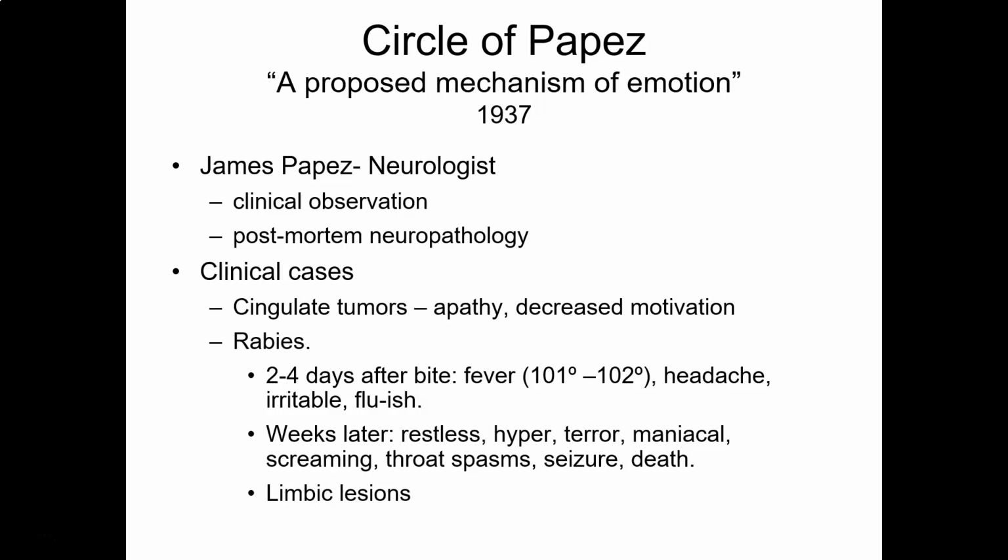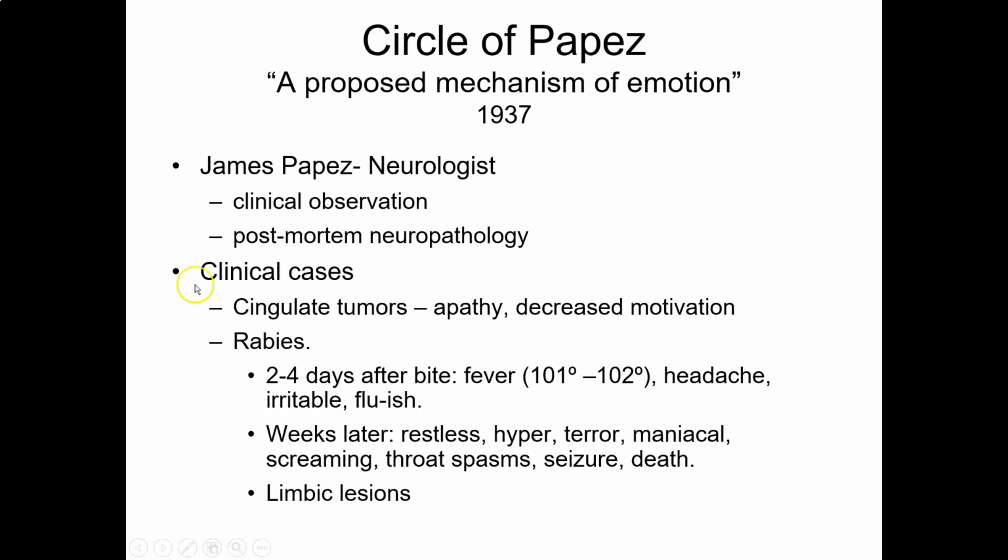A lot of the research that he did came from observing patients with different types of diseases and different types of brain lesions. He primarily looked at rabies patients. He also studied it in animals by injecting rabies virus into the hippocampus and watching its progression.